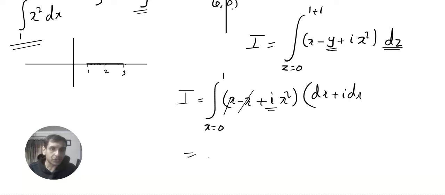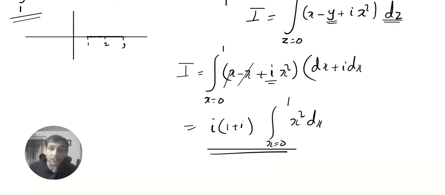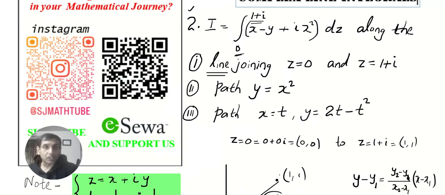This i is going to go outside, and there will be 1 plus i here, and I'll get x equal to 0 to 1 x square dx. I'm skipping steps, try it yourself, and at the last your answer should be minus 1 by 3 plus 1 by 3 into i. Okay, now let's go for the second part.